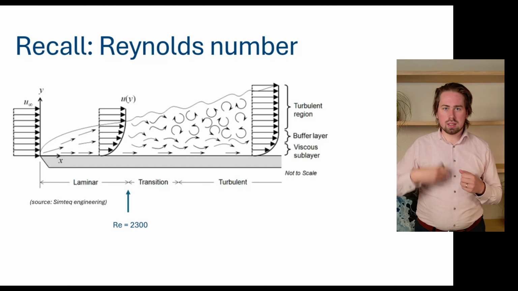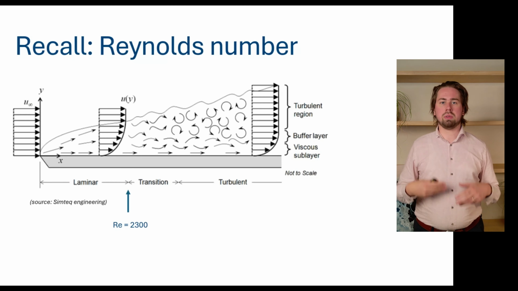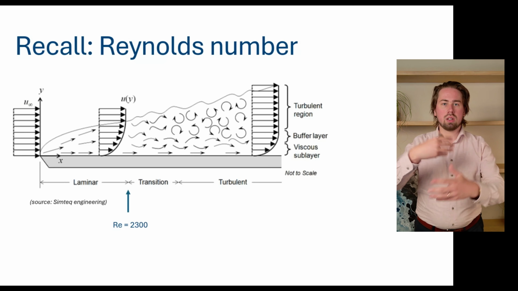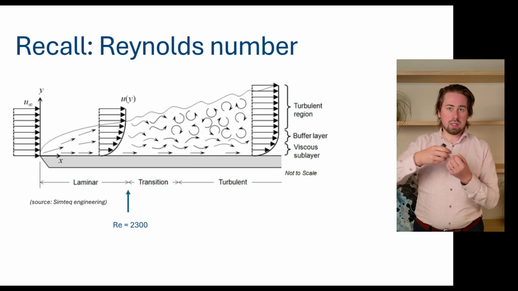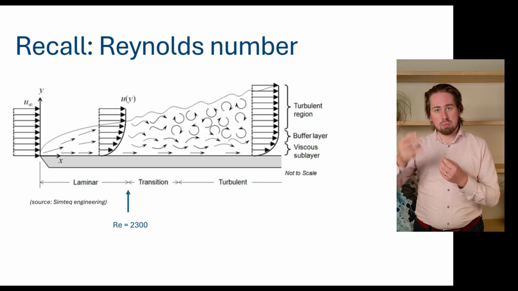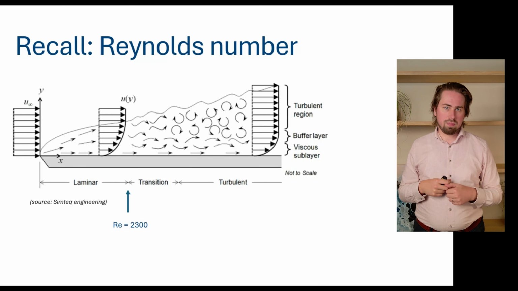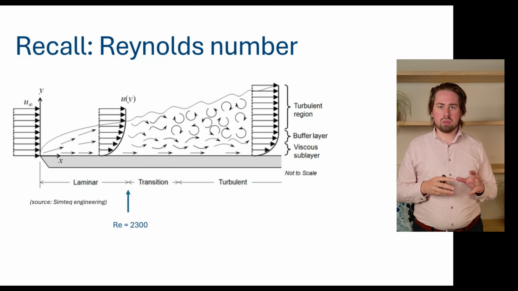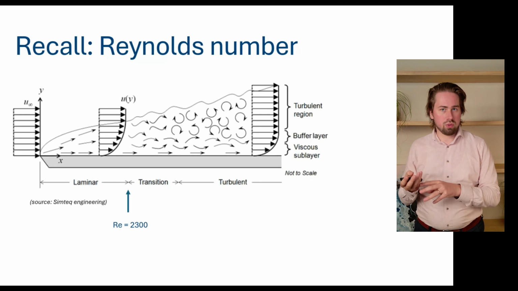However, if we increase the flow rate, the flow velocity will also increase, the Reynolds number will be bigger, and all the droplets, they will be mixing constantly. So it's quite easy for them to exchange heat with the pipe wall and also with the ground. Now, between this purely laminar and purely turbulent region, there is this transition zone that typically starts at around a Reynolds number of 2300.